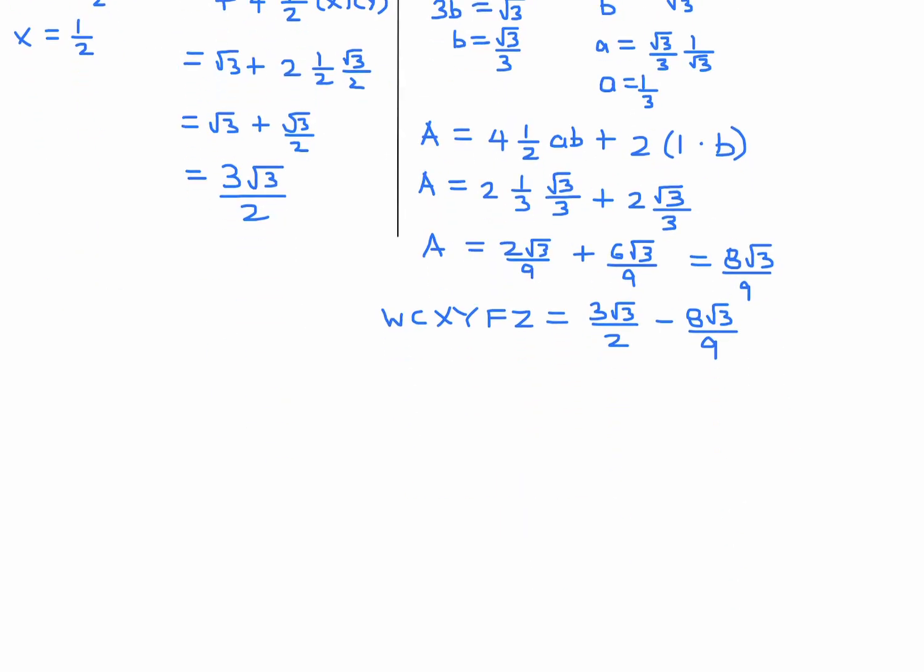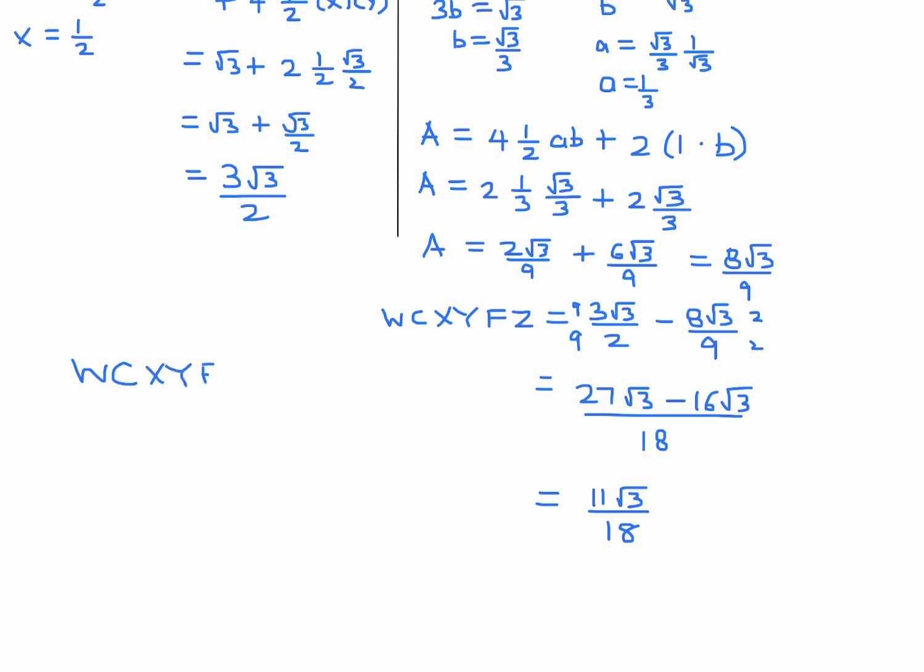Okay, so obviously we got to get a common denominator, top and bottom by 9 here, top and bottom by 2. So that's going to be 27 root 3 minus 16 root 3 all over 18. And that is 11 root 3 over 18. And then the final step is we got to figure out the ratio of WCXYFZ over the entire hexagon, which was ABCDEF, I believe.